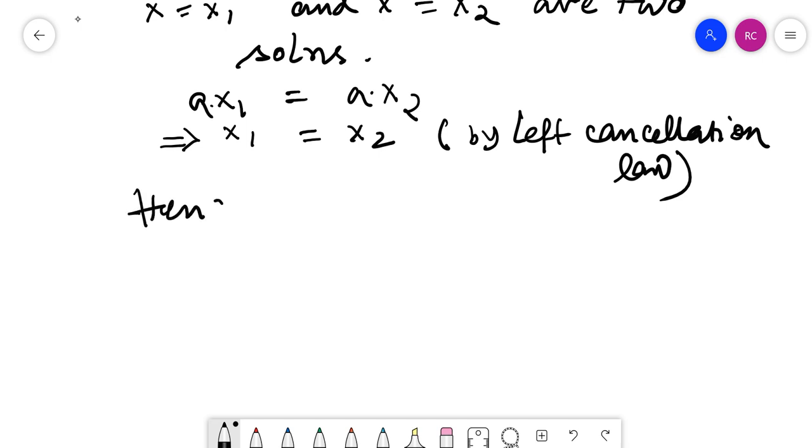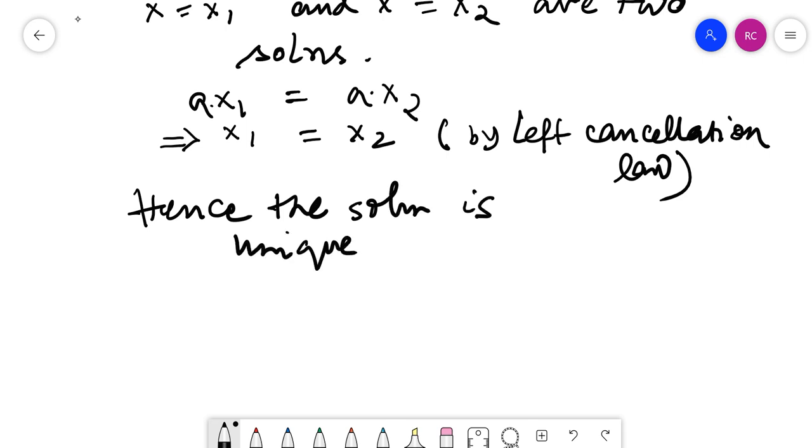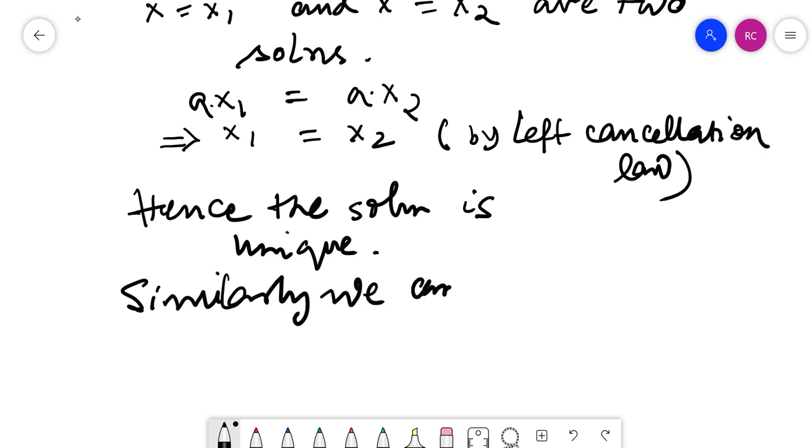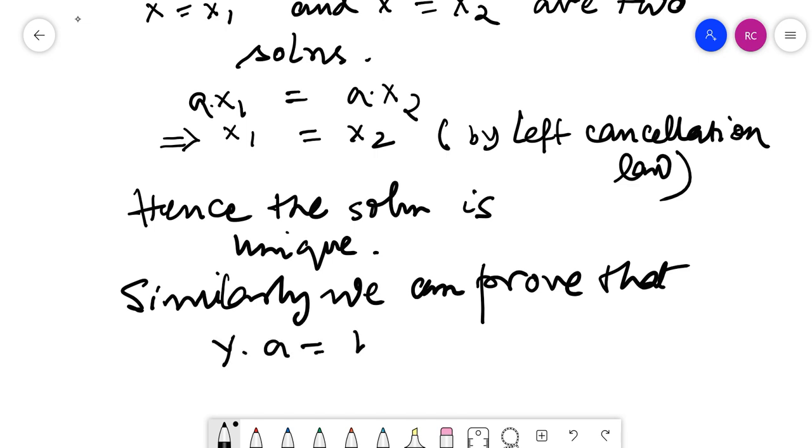Hence the solution is unique. Similarly, we can prove that y A equal to B has a unique solution in G.